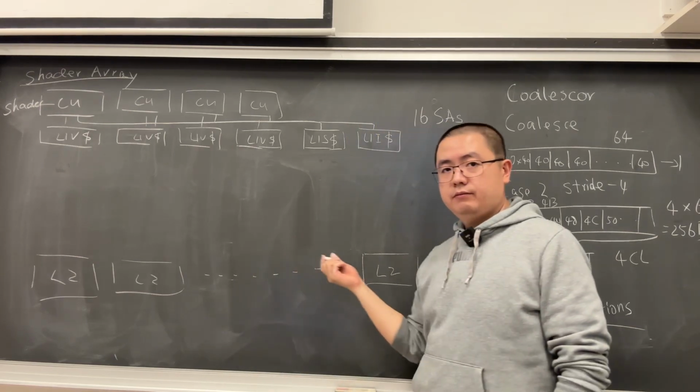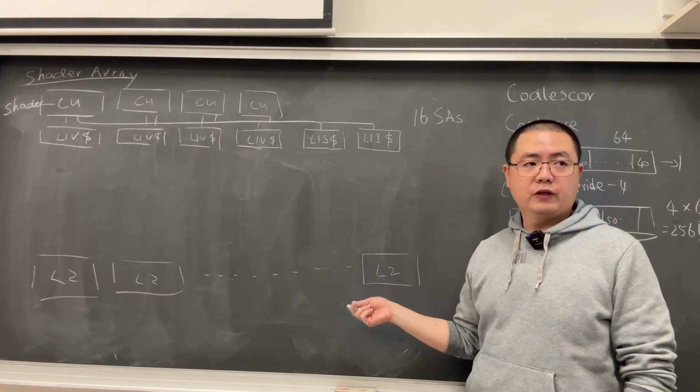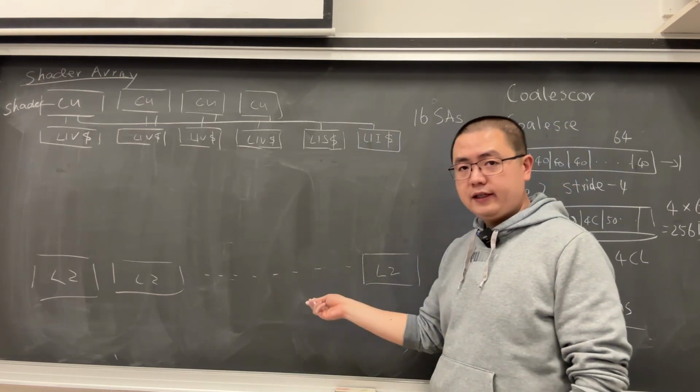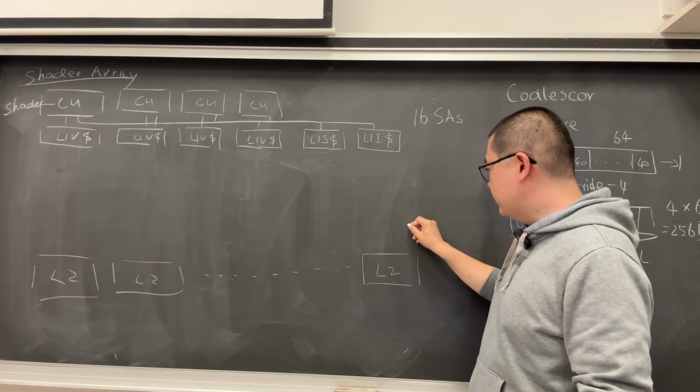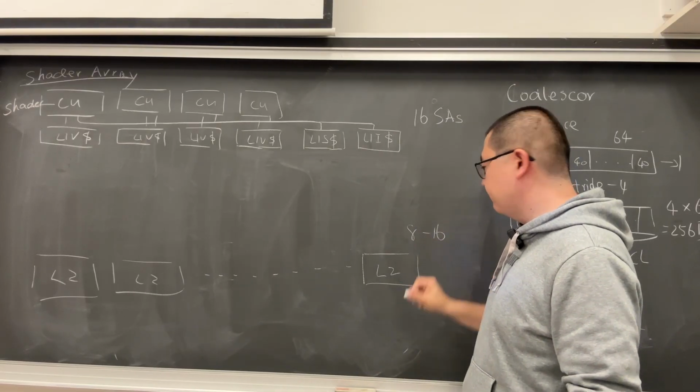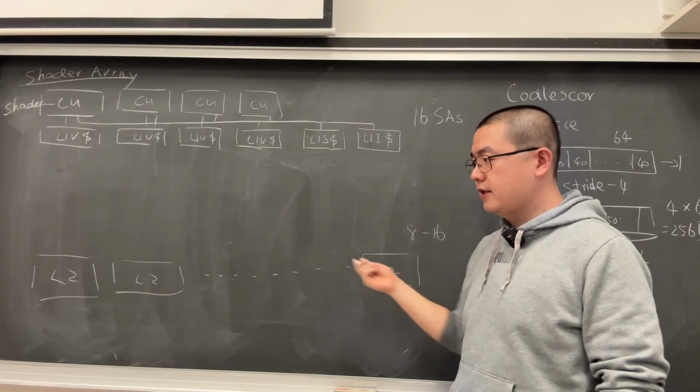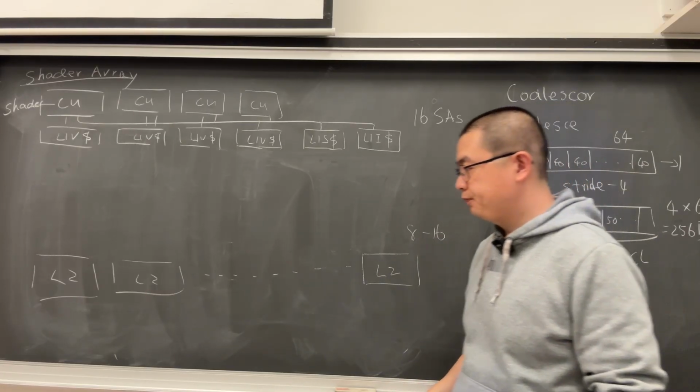There are several of them. How many? I don't exactly remember the number, it is either between 8 and 16. There are this number of L2 caches.